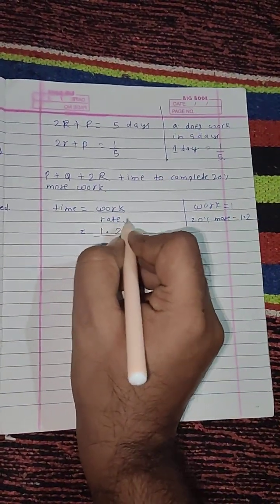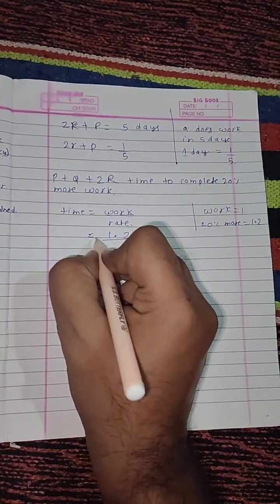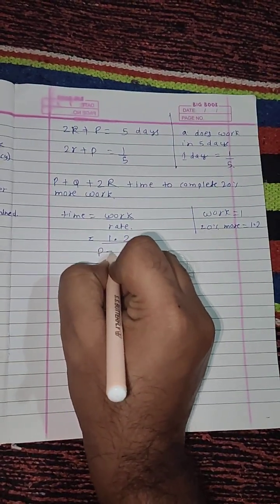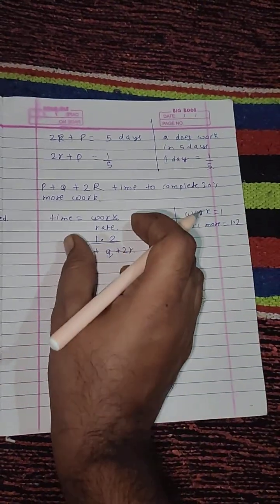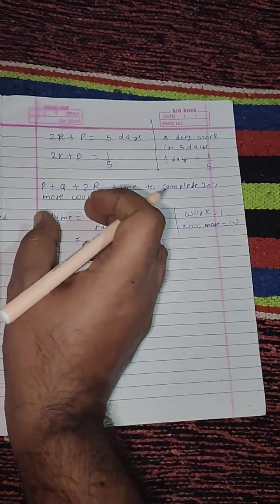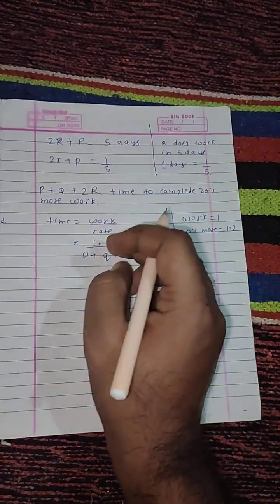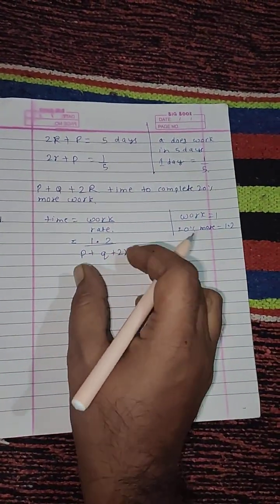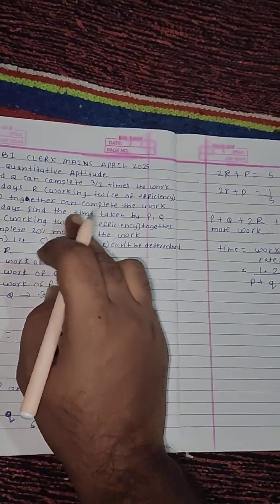Rate means one day's work, which we denote as small p, small q and 2r. So we find how much time they take to complete the work: total work divided by one day's work of p, q and 2r.